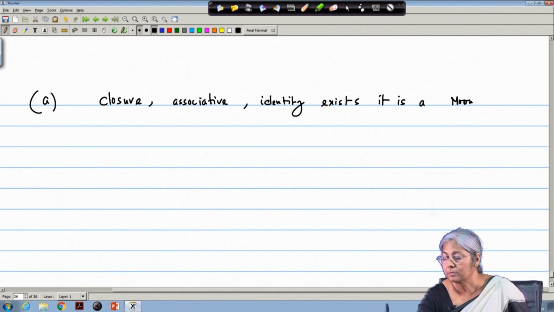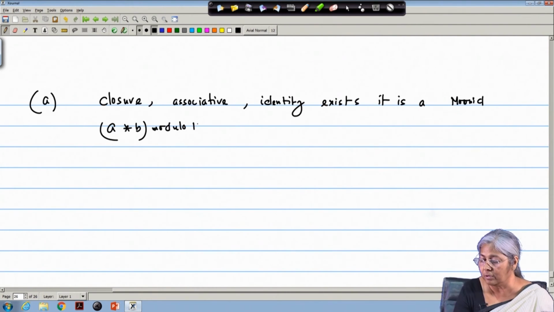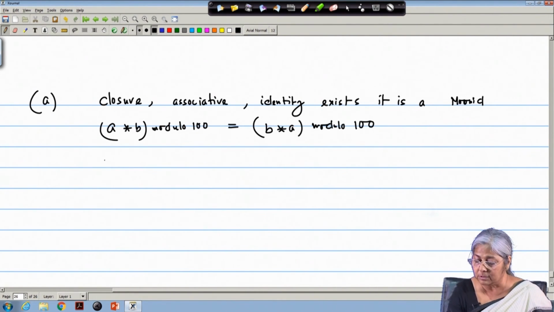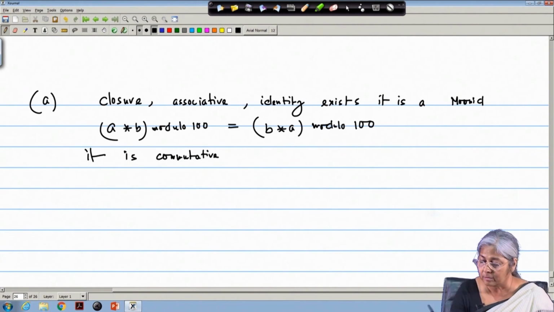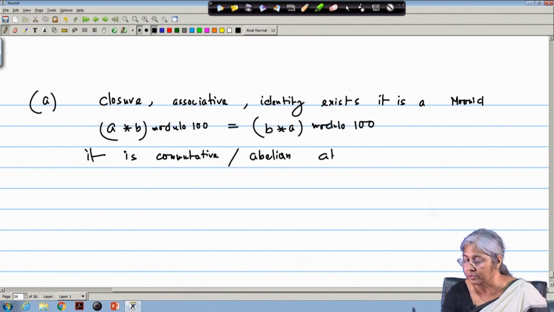Now, here we see that A star B modulo 100 obviously is B star A modulo 100. So, it is commutative, that means it is abelian. So, it is an abelian monoid.